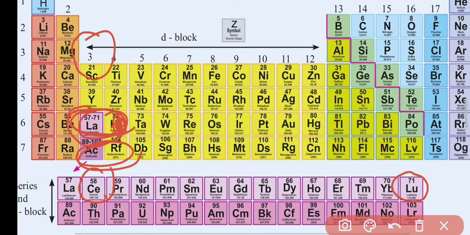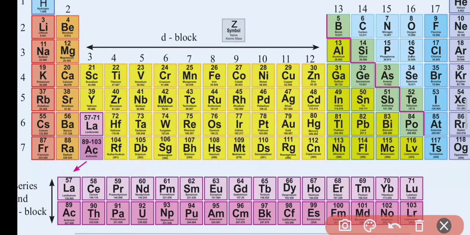Now we will see important features of the electronic configuration of lanthanoids. Lanthanoids show two types of electronic configuration: one is the expected, and the second one is the observed electronic configuration.